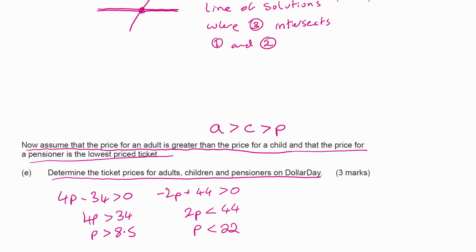Now remember that p has to be an integer value. So what that's saying is that p needs to be between 9 and 21. So we have a number of possibilities to investigate, but remember, we're after one where this is the case.